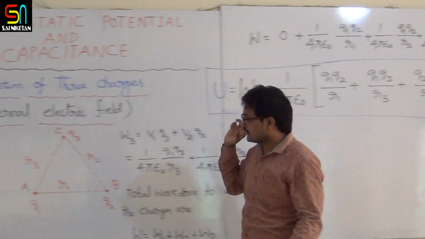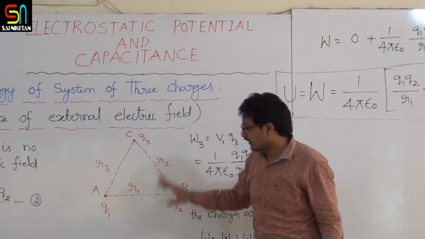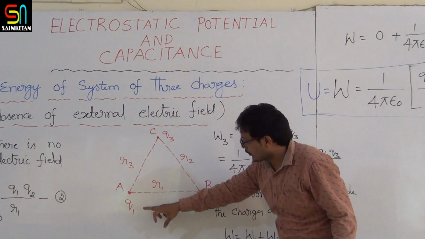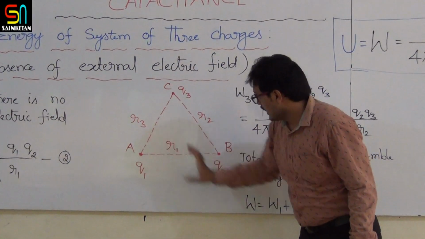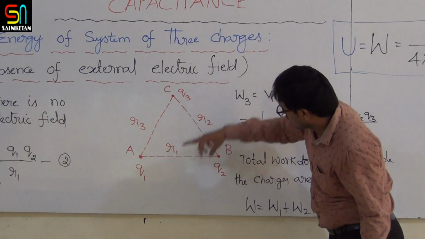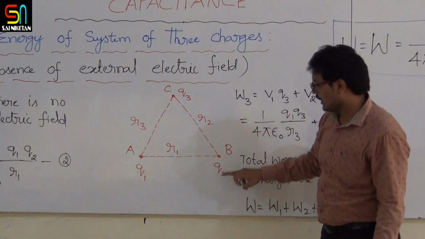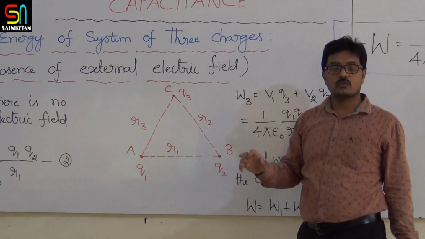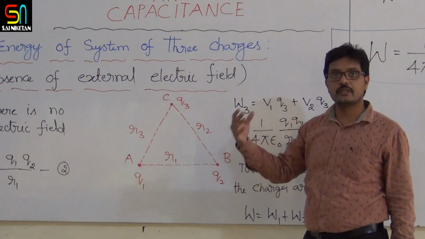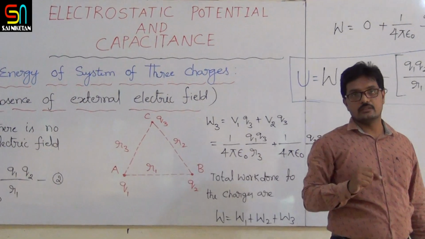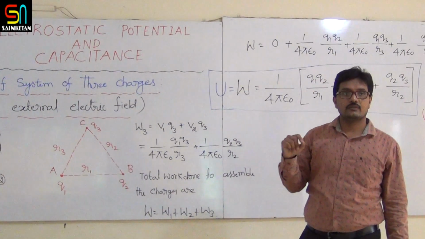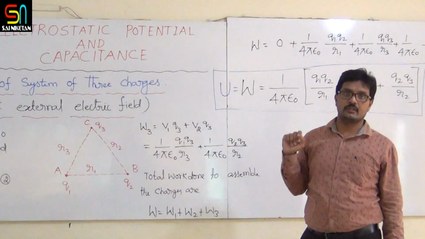Q1 Q3 by R3 is one combination, Q1 Q2 is another combination, and Q2 Q3 is another. So all the combinations should be there while finding the potential energy. This is for the objective, we need to know these points.